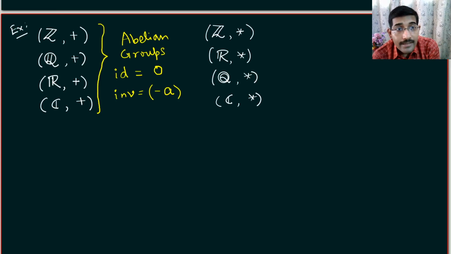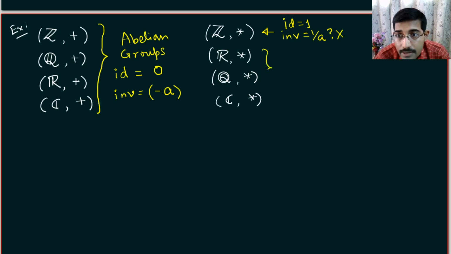Why? Because first of all, if this has to be a group, then I have to make my identity equal to 1. So the inverse should be 1 by A. But this does not exist.